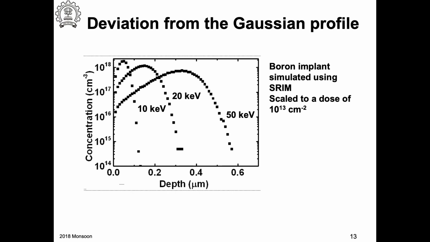These are simulations, all scaled to a total dose of 10 to the 13 per square centimeter. Again, if I am using small energy, then it is possible for me to approximate the implanted profile using a Gaussian. But as the energy increases, I can't approximate it with a Gaussian.